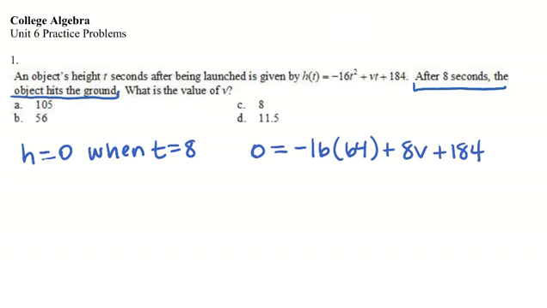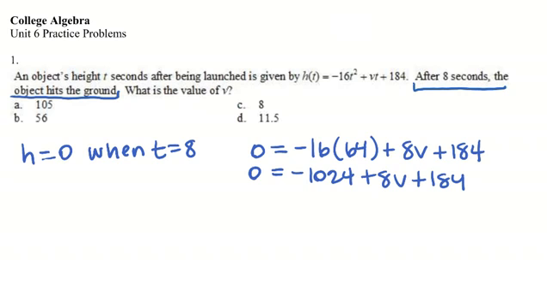This won't be too bad, provided that you've got one of our handy scientific calculators nearby. And negative 16 times 64 is negative 1024. So 0 equals negative 1024 plus 8v plus 184.